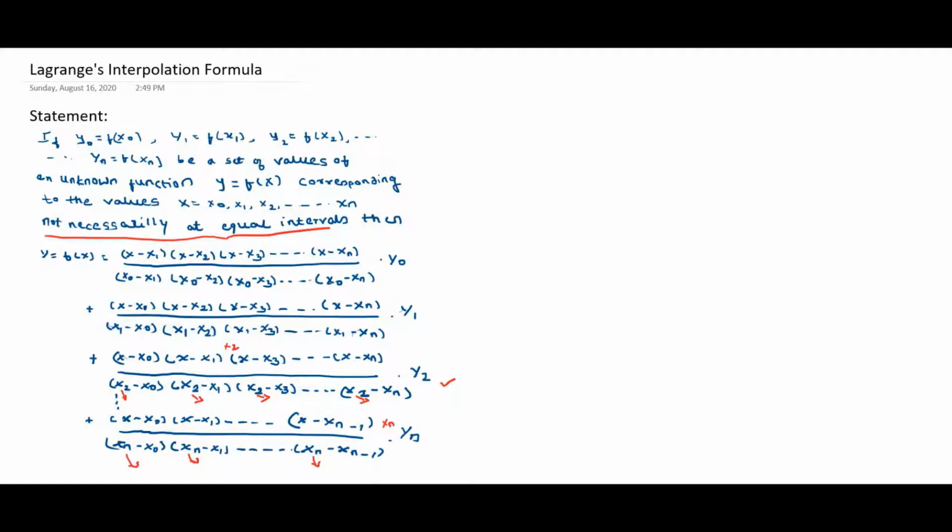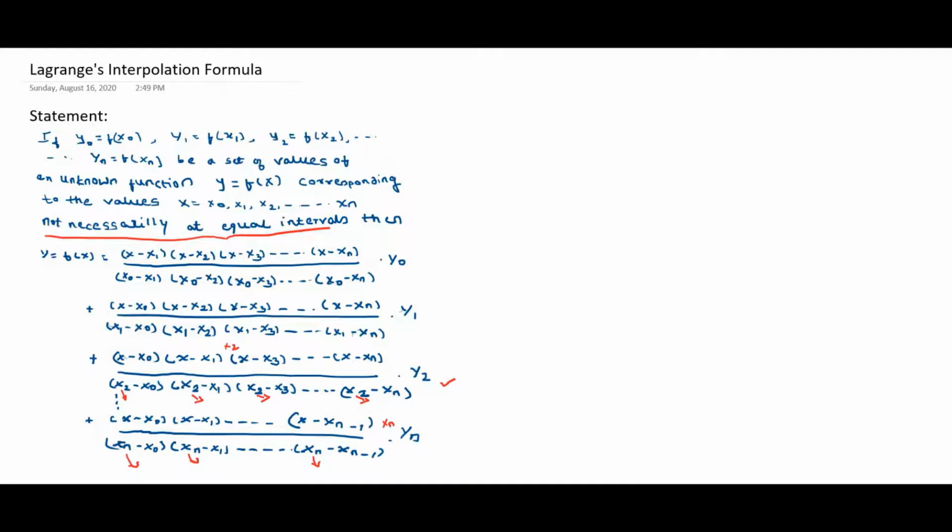Means in case of Lagrange's interpolation formula, in the first term x0 is absent but the denominator starts with x0 only. In the second term x1 is absent in the numerator, and in the denominator the first term is x1 only. In the third term, in the numerator x2 is absent but in the denominator each bracket starts with x2 only.